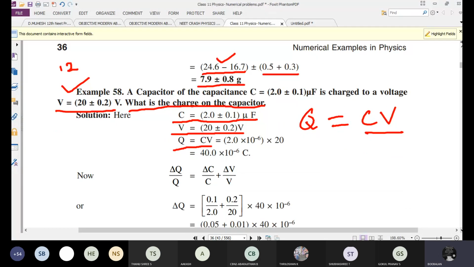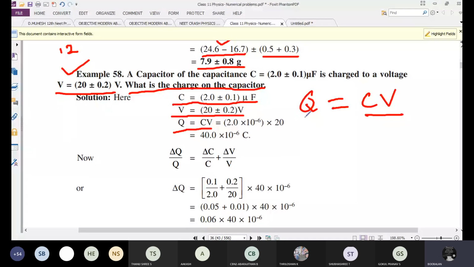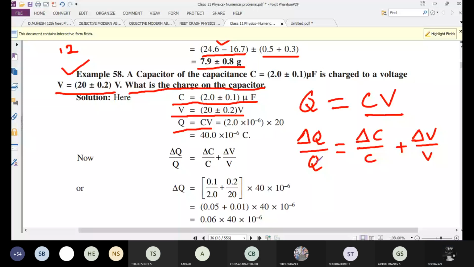Same formula, listen, I am just rewriting. Del Q by Q equal to del C divided by C plus del V by V. Now next step. So what is del C? From the equation you know very well, 2.0 is the true value plus or minus 0.1. So 0.1 is the mean absolute error.